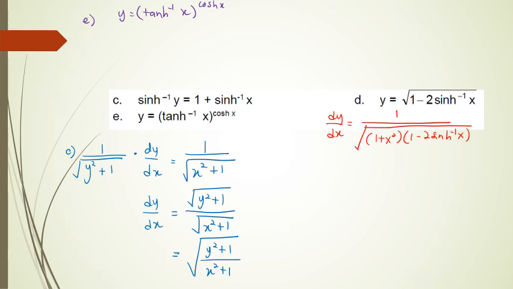We take ln both sides, so it becomes ln y equal to ln of tangent hyperbolic inverse x power of cos hyperbolic x. So we can write it as cos hyperbolic x times ln tangent hyperbolic inverse x.